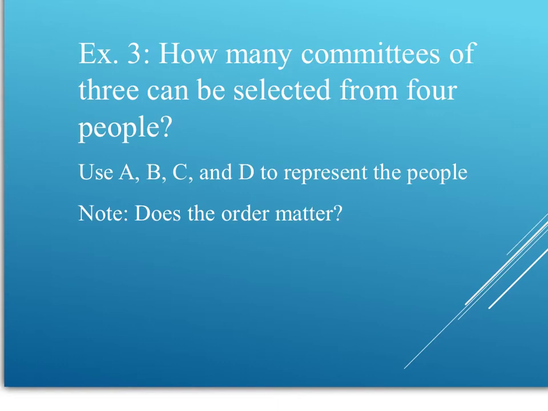So if I'm selecting a committee of people, does it matter who I choose first? And the answer to that question is no, it does not. Now, if I was selecting people and they were ranked, like a president, a vice president, and so on and so forth, then the order would matter in that case, and I would need to use a different type of situation.